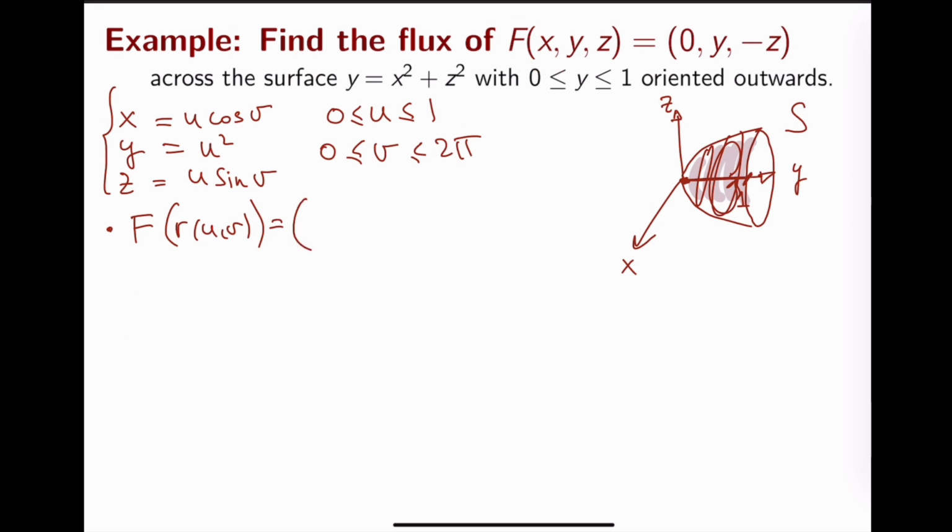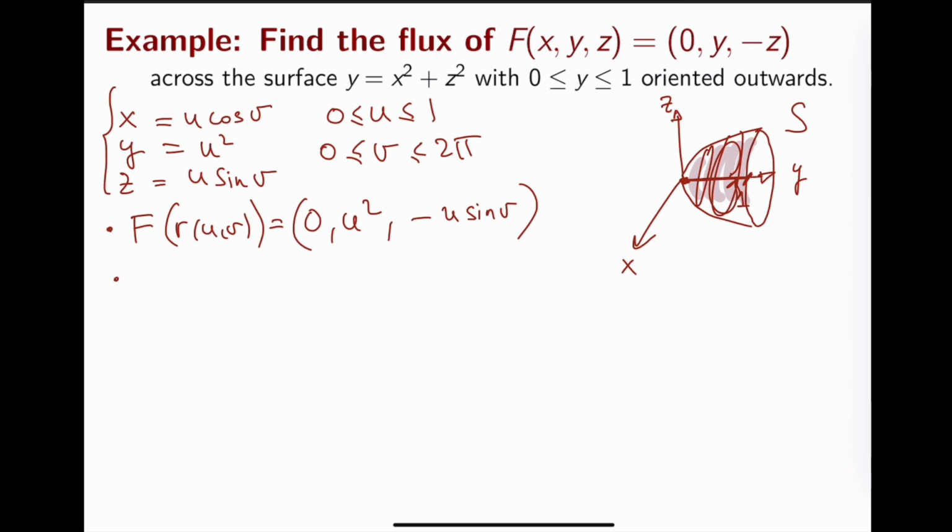So in this case it's going to be 0, nothing to substitute there, y is going to be u squared, and minus z is going to be minus u sine v. So that's the vector field evaluated at the parametrization.